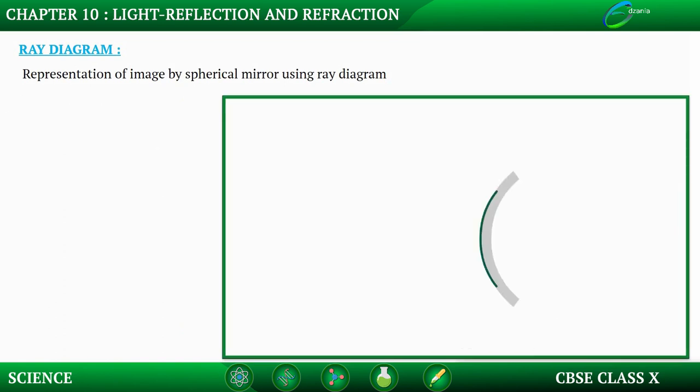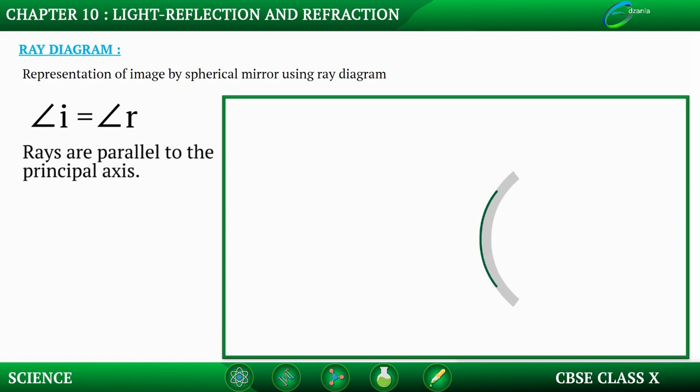In the case of a convex mirror, the rays will follow the same principle, that is, the angle of incidence is equal to the angle of reflection. Now see the case when the object is at infinity, the rays are parallel to the principal axis.